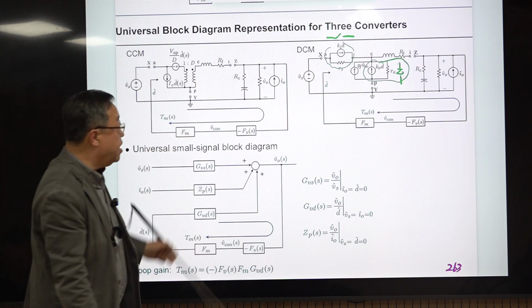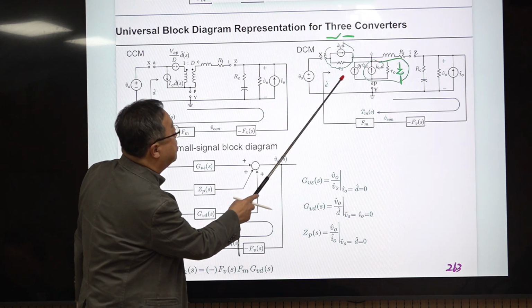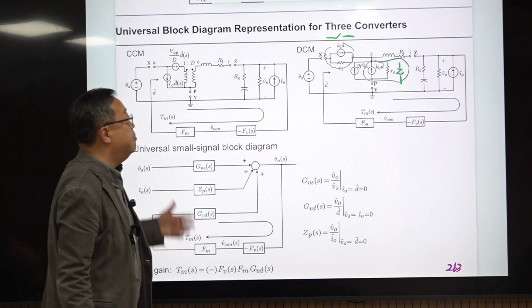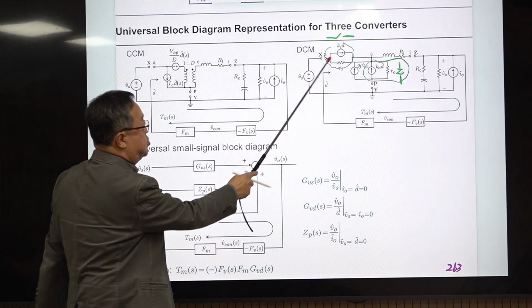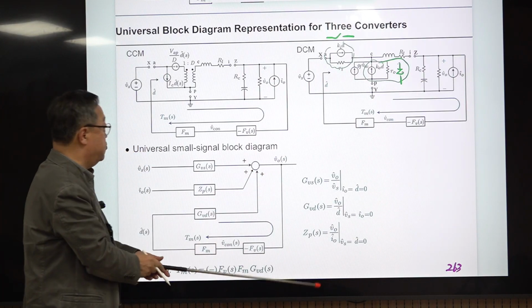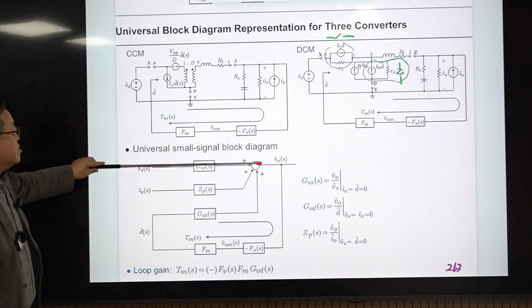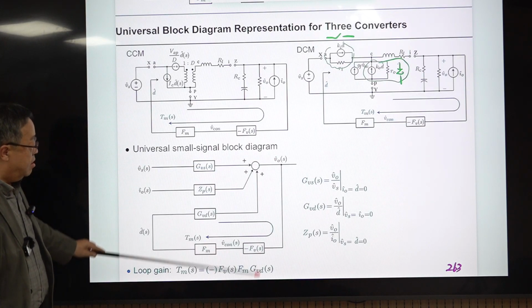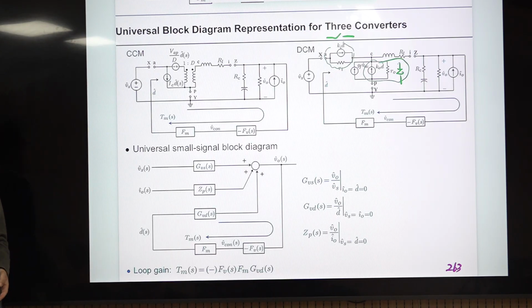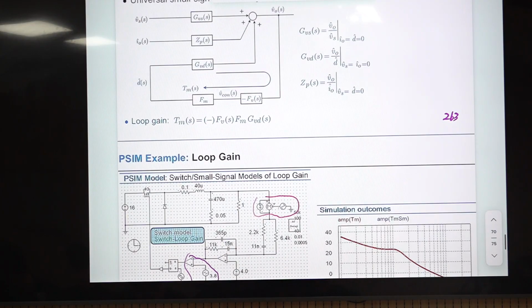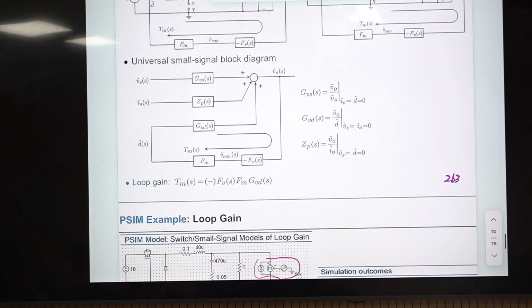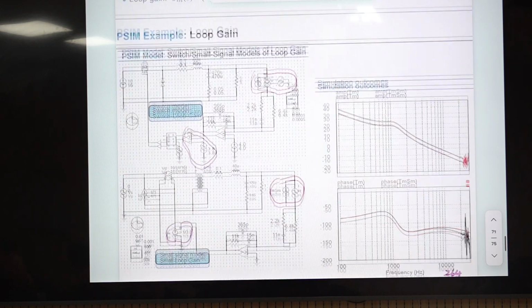And this RI and RO are very important because they provide substantial damping and determine all the characteristics. So this is the universal small signal block diagram for all the PWM converters. This is the final form of the small signal model of PWM converters.